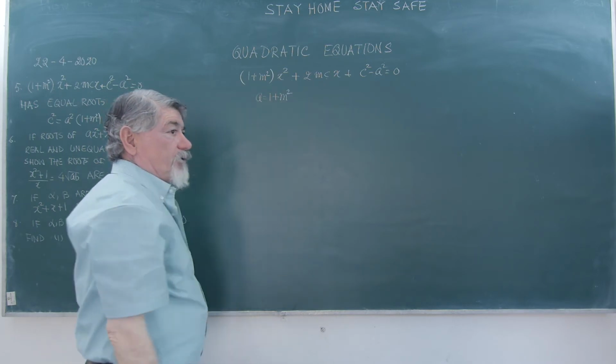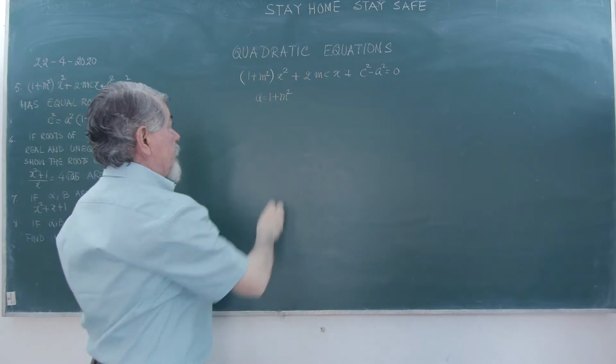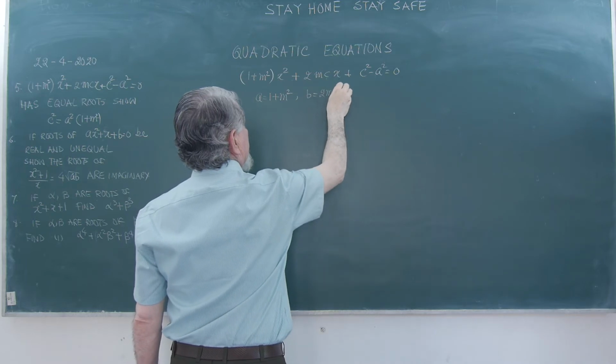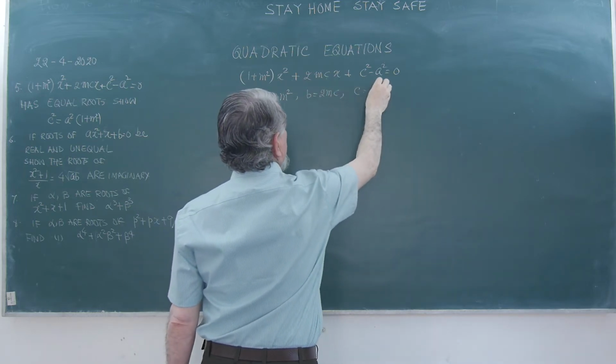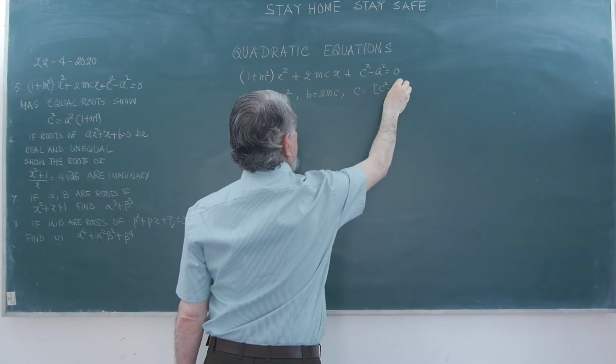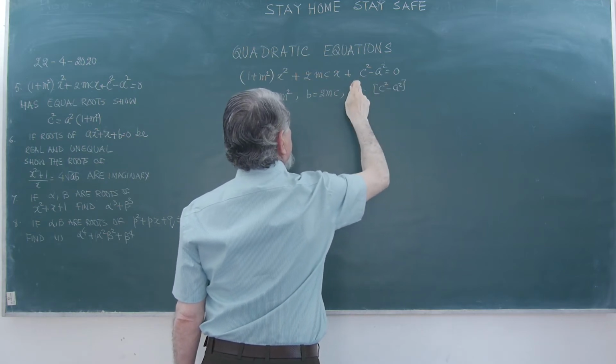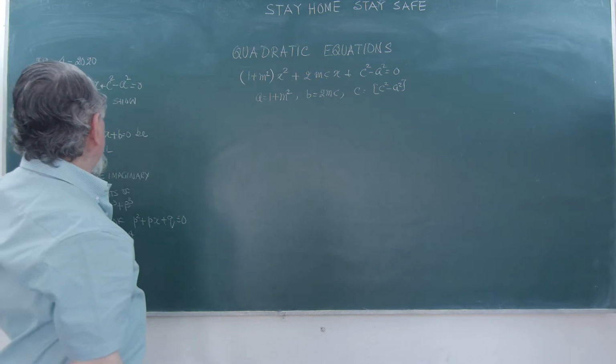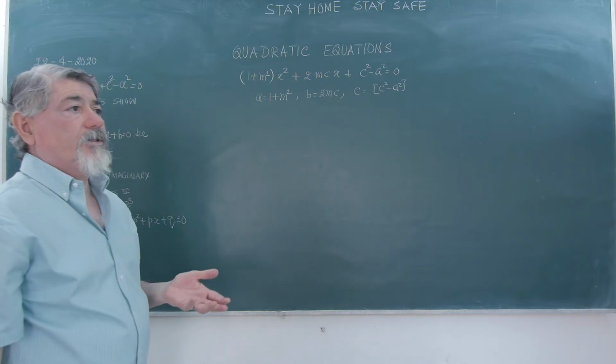That is the coefficient of x square. b is the coefficient of x, that is 2mc, and c will be the term c square minus a square. Don't confuse this c with this c. Now, what is he saying? Equal roots.